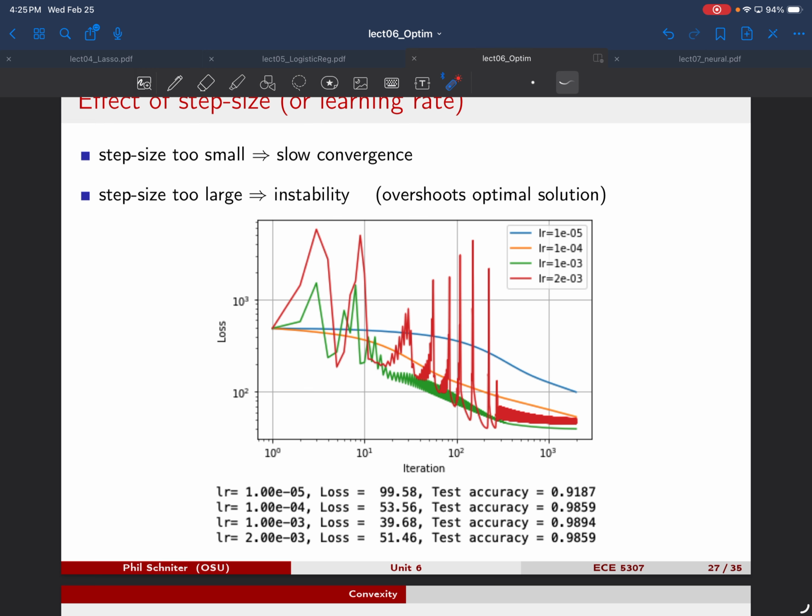Okay, but when we're dealing with convex losses, if you really want to be sure, you just use a small enough step size and you run for a long time. There are algorithms that will adjust the step size dynamically in a way that you can be confident they will converge. I used to cover one all the other times I taught the course, but that kind of algorithm is really only appropriate for convex losses, which are not what you tend to find in machine learning.